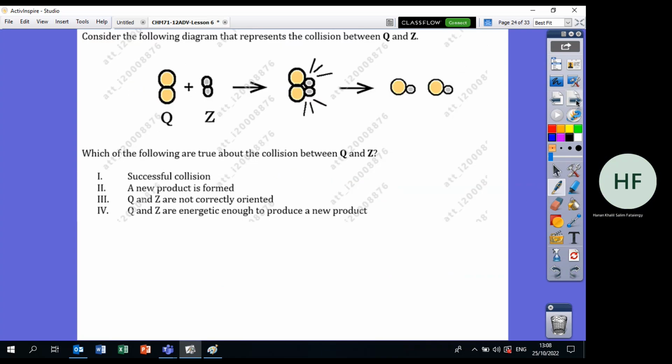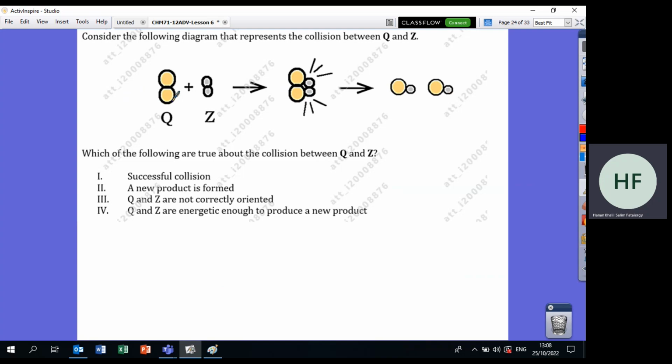second. Okay, now which of the following, now we have this collision. Do you think this collision is successful? We have oranges, grays, they did the collision and here they changed. Okay, so this is successful. Give me two reasons. Number one, they were in the correct direction or orientation.